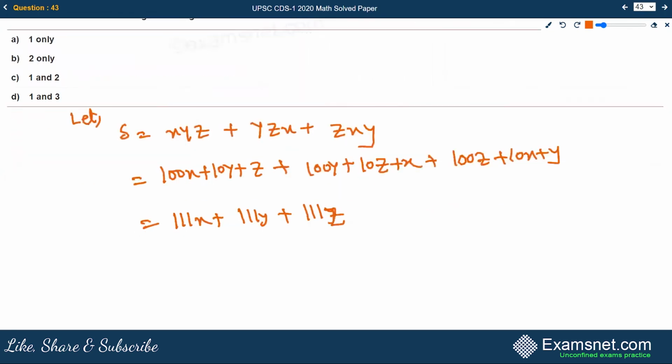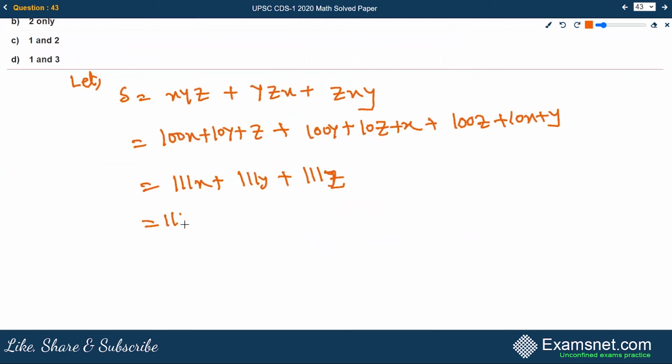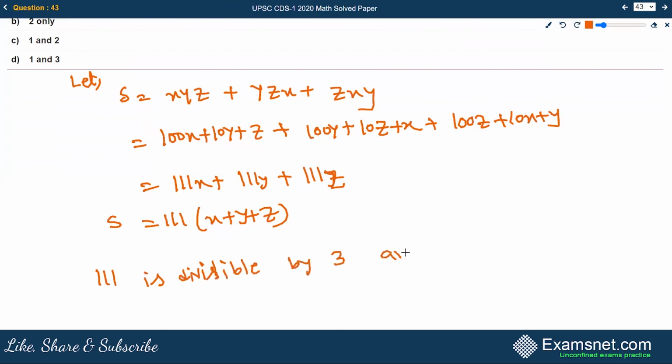Correct. Now, if I take common 111, I will get x plus y plus z. So now S becomes 111 multiplied by x plus y plus z. So here we can observe that 111 is divisible by 3 and 37.